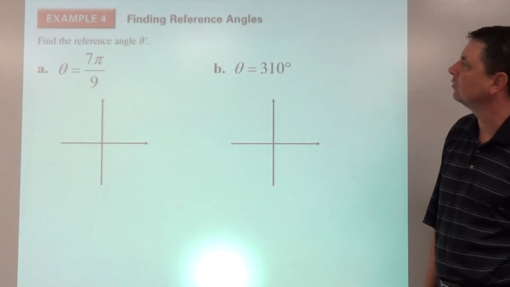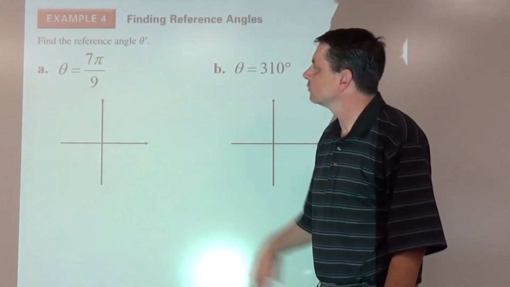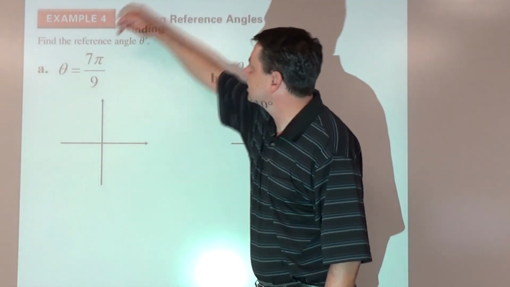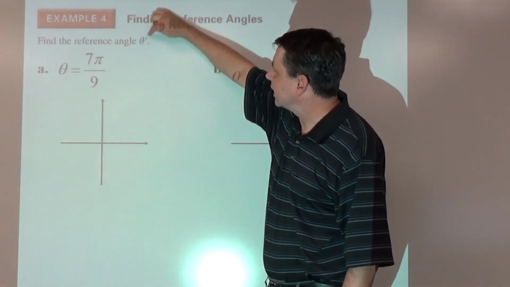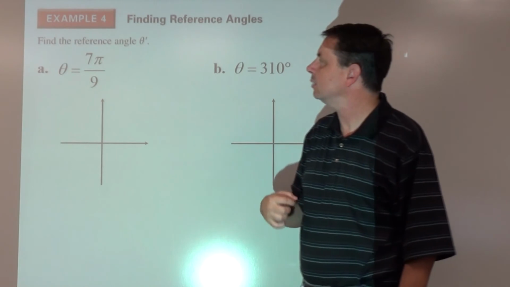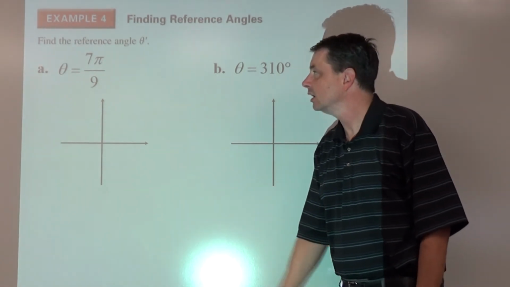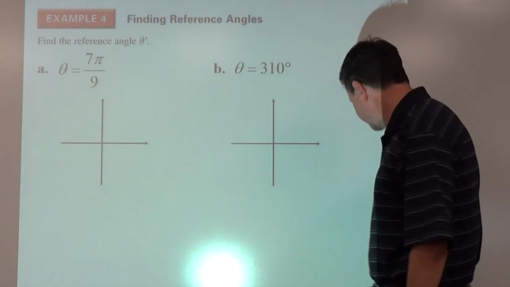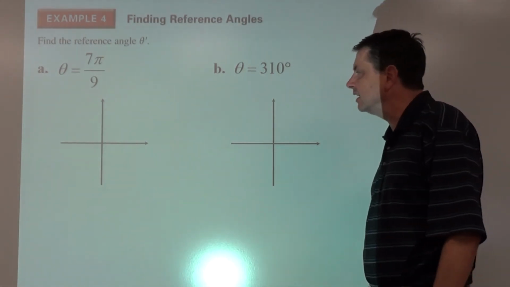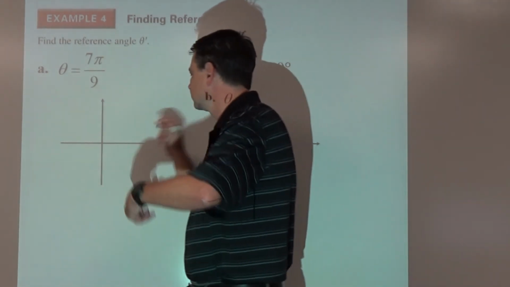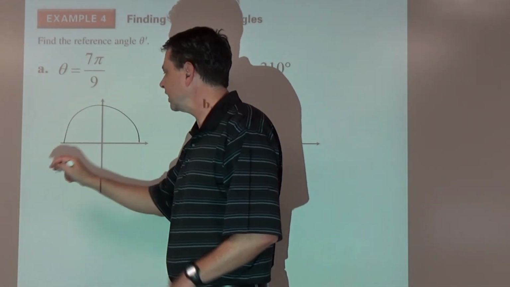Find the reference angle for theta equal to 7 pi over 9. Theta prime, that's our notation to designate the reference angle. Theta with the apostrophe, theta prime, designates the reference angle. Let's sketch this, good practice. Think about the top half of the circle.